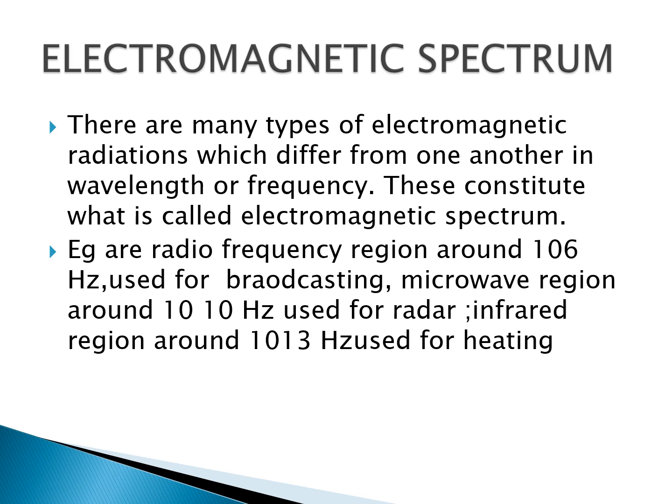For example, the radio frequency region around 10 to the power 6 hertz is used for broadcasting. The microwave region around 10 to the power 10 hertz is used for radar. The infrared region around 10 to the power 13 hertz is used for heating. So different regions are there, and they have different frequencies.